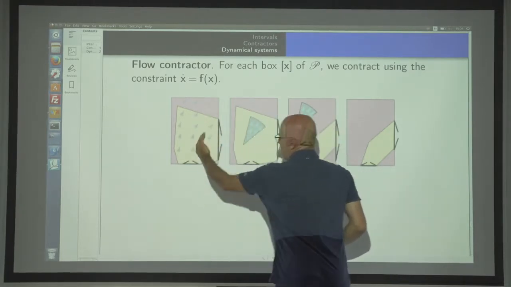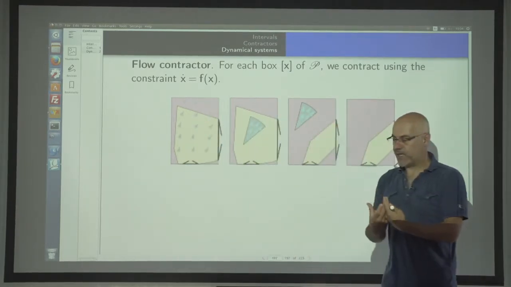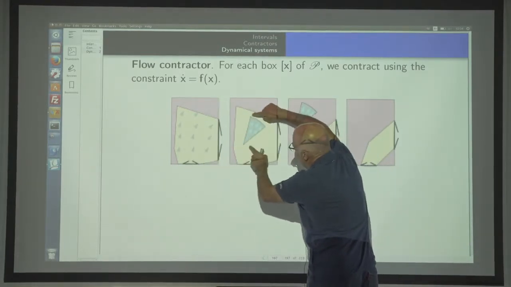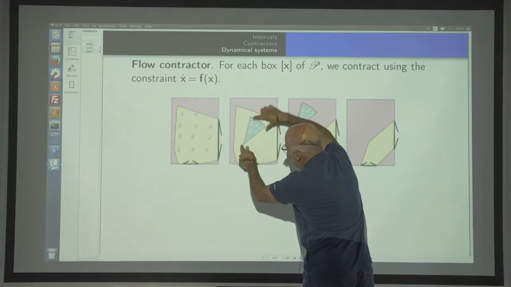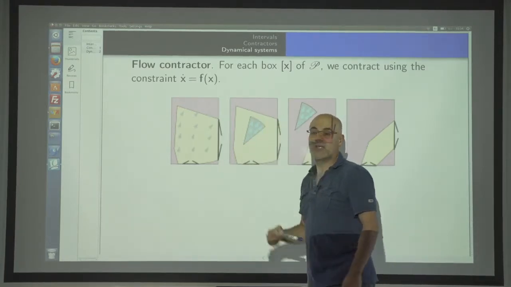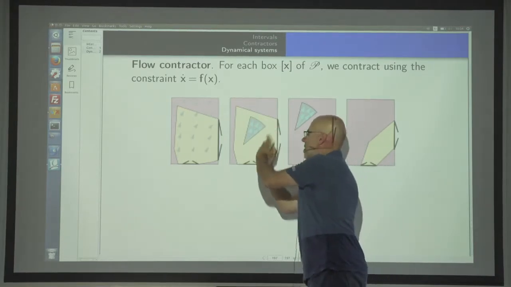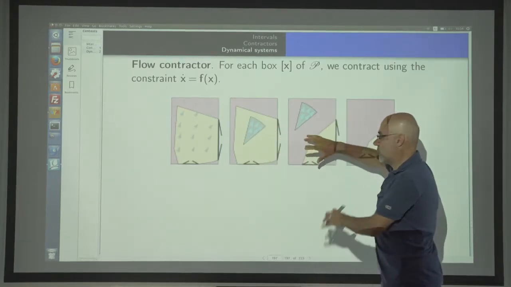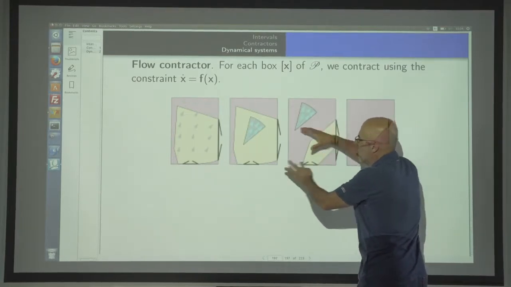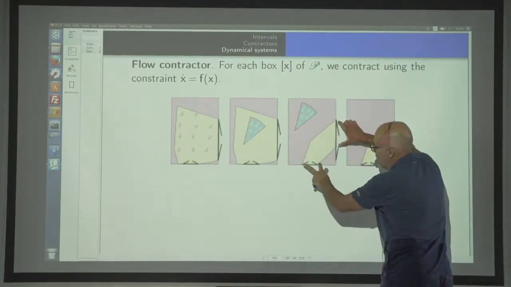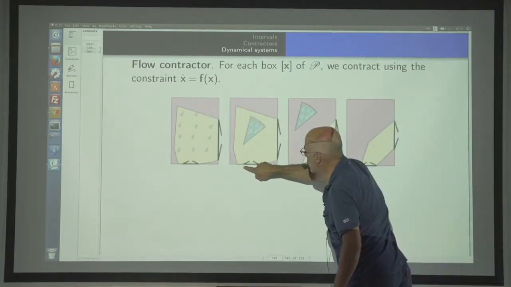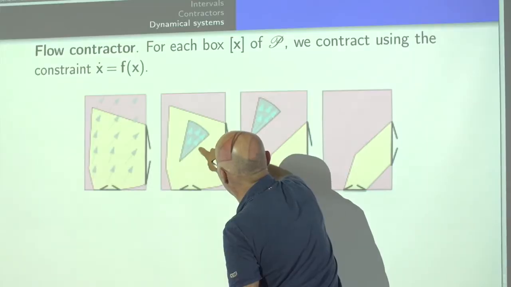These arrows that are uncertain are represented geometrically in the picture by a cone. I take all arrows, I put them at the same origin, and I obtain what I call a cone. This cone is obtained using interval analysis, so it's guaranteed. From this cone, which corresponds to some inequalities, I am able to contract the polygon. I cannot go here if I follow the cone, because I have to enter here.